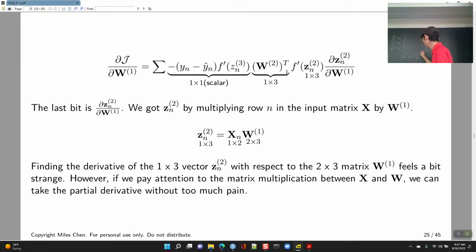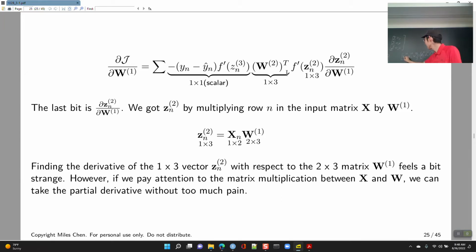How do I multiply that by Zn? So I got Z11, Z12, and Z13. How does this work, right? Well, we're going to have to do some element-wise multiplication in a moment.